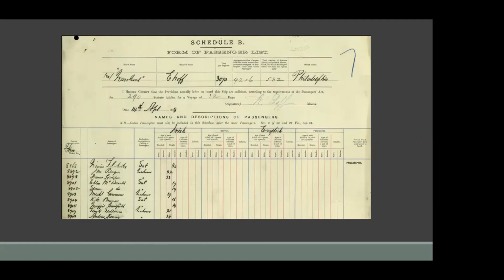Due to the increase in passengers traveling through British ports beginning in 1890, immigrants had to be a British resident for 6 weeks in order to qualify for passage, which then created the UK Outward Passenger List. Here we have one for April 14th, 1898, the ship Wasteland from Queenstown, Ireland, and it was bound for Philadelphia.